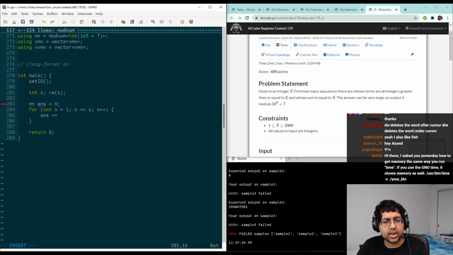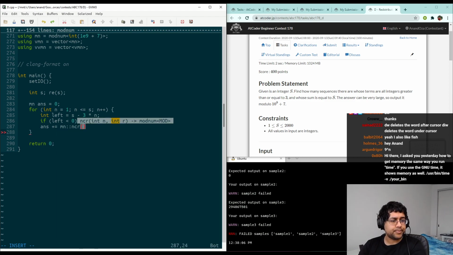And then we want to count how many sequences with exactly that number of elements there are, where the terms are all greater than or equal to 3. So first we have to subtract 3 from each term, so this is what we have left. And if left is negative, then we'll break. And then otherwise, we're going to do stars and bars here.